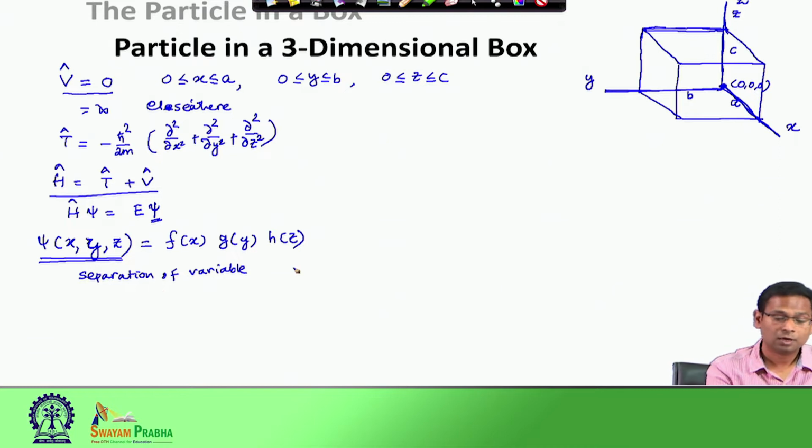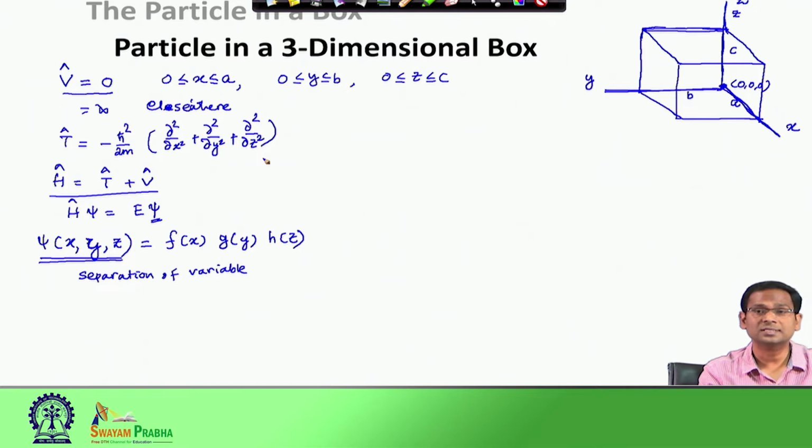We see that our potential energy operator is 0 throughout. The kinetic energy operator has terms which have only x dependence, only y dependence, and only z dependence. There are no terms in our Hamiltonian operator which have xy or yz or xz dependence.